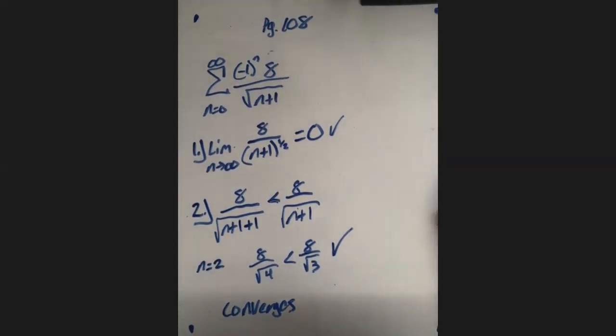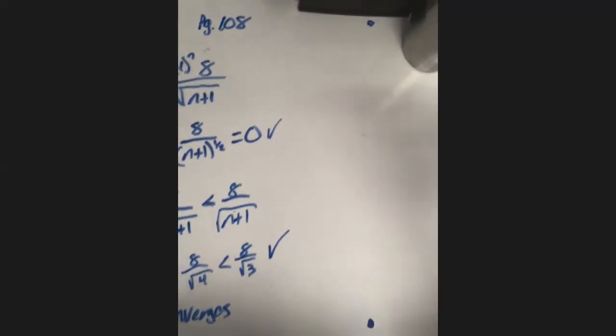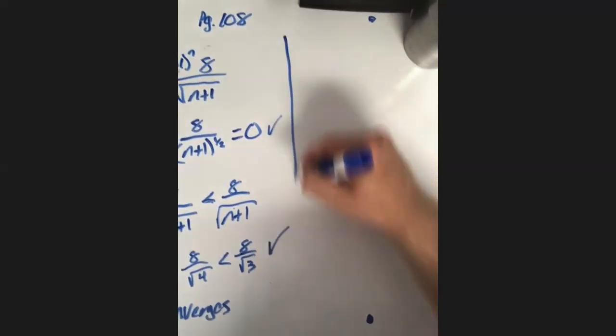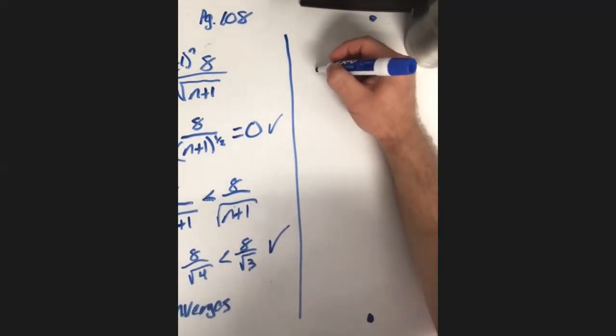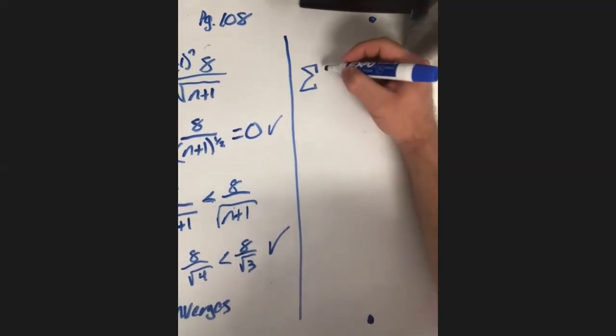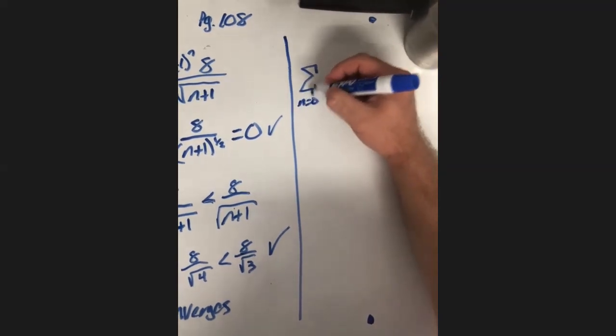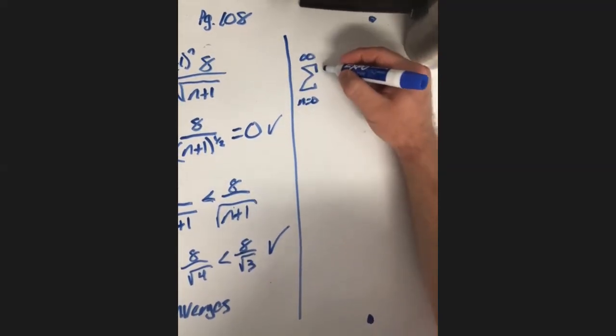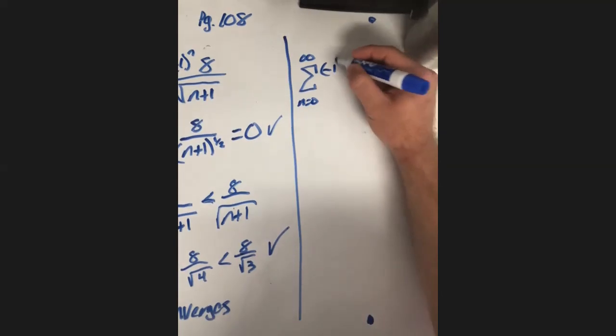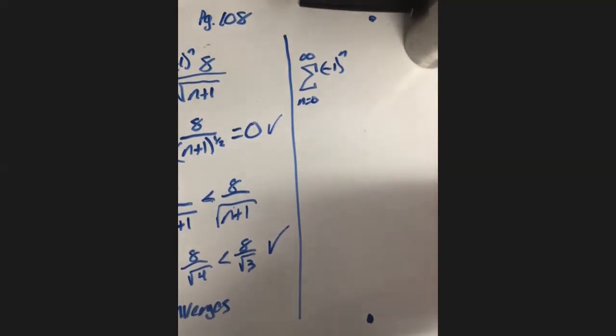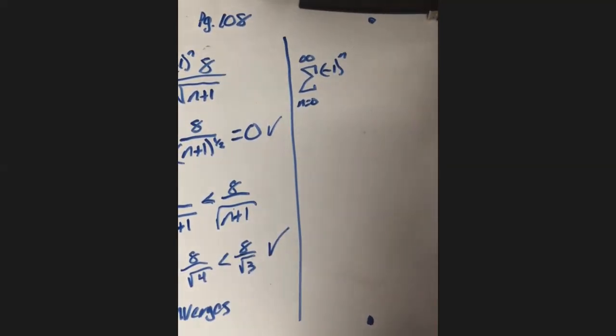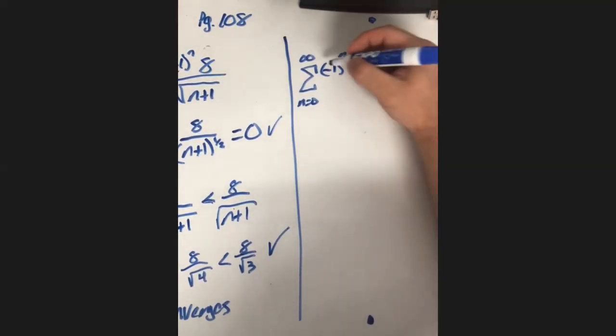But now we need to look at the absolute value. I'm going to do this in a way that makes sense to me. Hopefully it makes sense to everybody watching on YouTube. Hopefully I don't get called out in the comments.